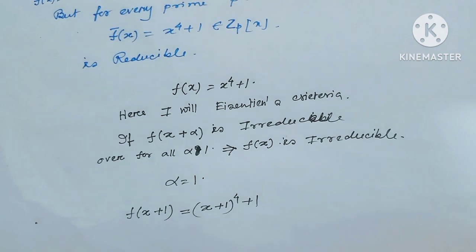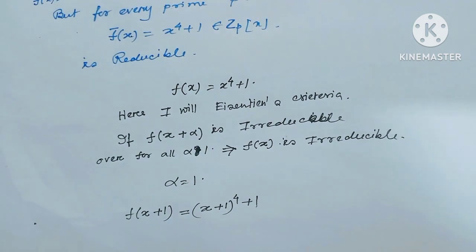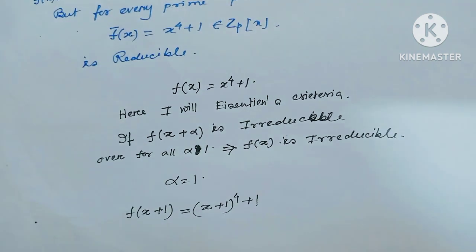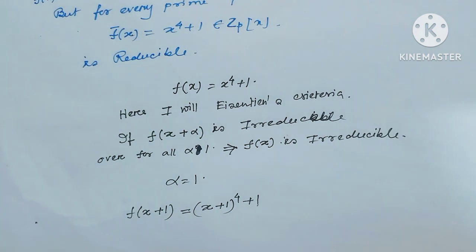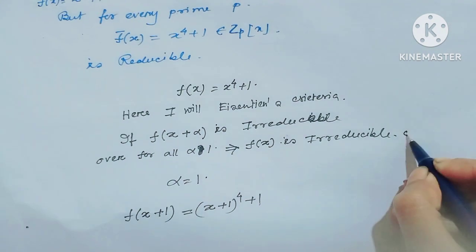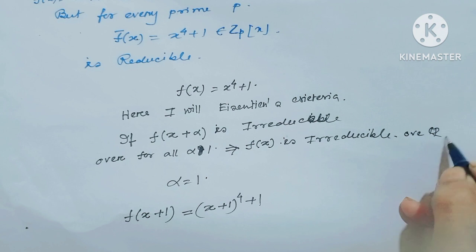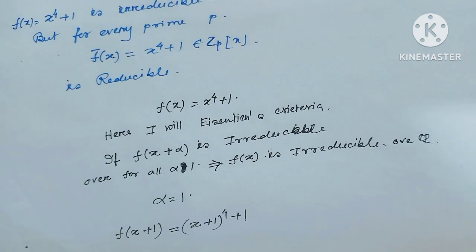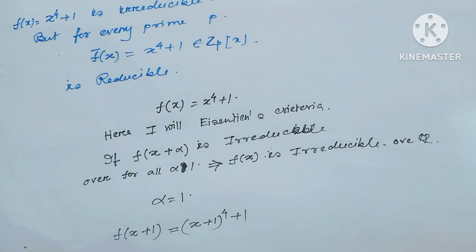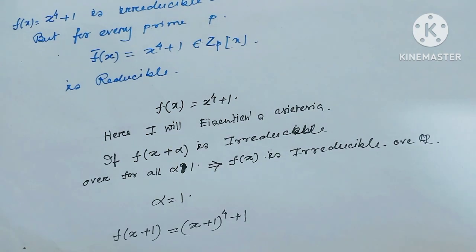For this, I will use the Eisenstein criterion. I will use the fact that if f(x plus alpha) is irreducible for some alpha, then f(x) is irreducible over Q. We all know this. For this question, I have chosen alpha equal to 1.